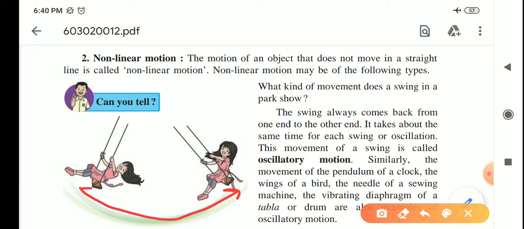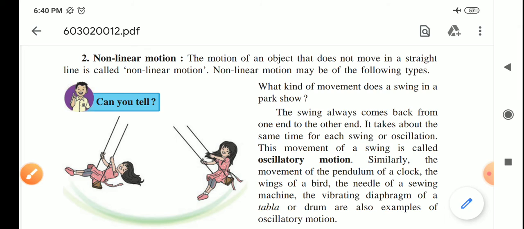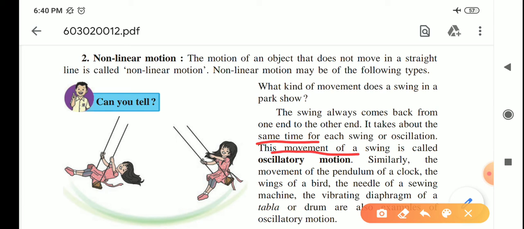Suppose during the first oscillation it takes, say, 5 seconds, for the second oscillation also it will take approximately 5 seconds only. There might be some other factors affecting its motion, but generally it might take the same amount of time. So this movement of a swing is called oscillatory motion.